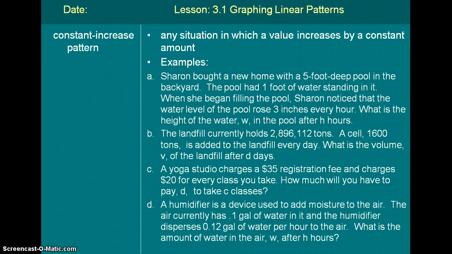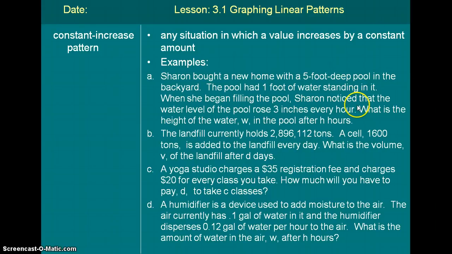Please press pause. Take a moment to read these. We'll continue when you're done. After reading each of these situations, you may have determined what makes each of these a constant increase. In part A, the water level of the pool is rising 3 inches every hour.